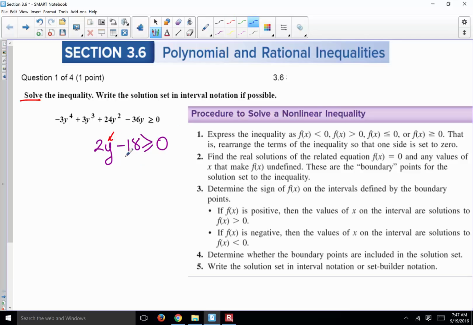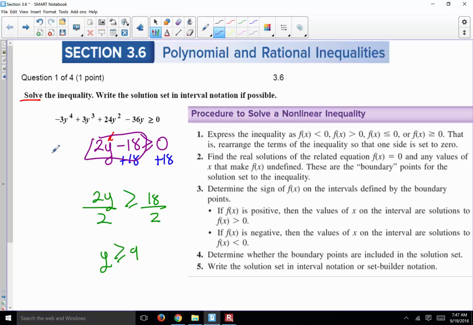We simply add 18 to both sides, and later we divide both sides by 2. And you get y greater or equal 9. That's easy. This is called linear. In other words, the power is exactly 1. You may have several spots with y's, but you combine them if you need to.